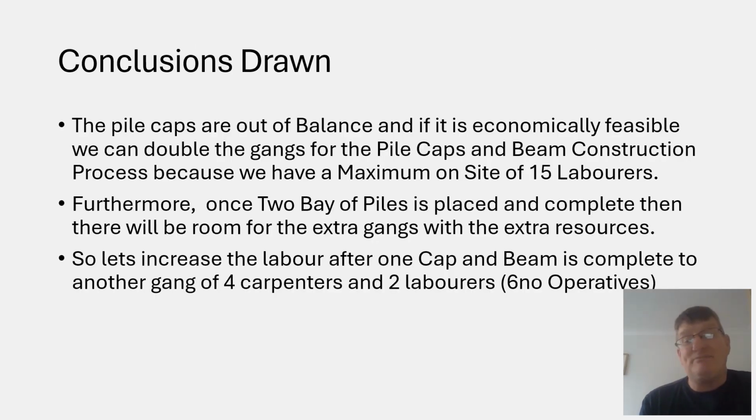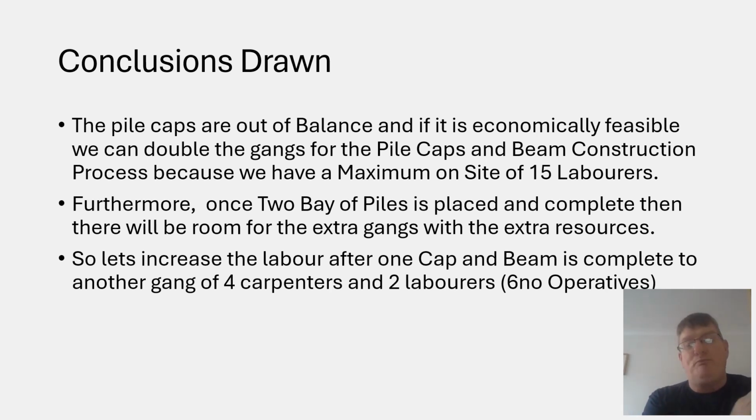So look, the pile caps are out of balance, and only if it's economically feasible, we can double the gang of the pile caps and in situ concrete beam construction process, because we have a maximum on site of 15 labourers. We're not fully utilising the space that we've got, the scope.